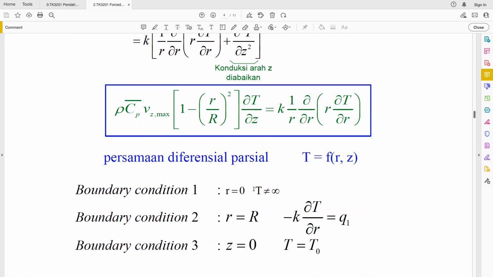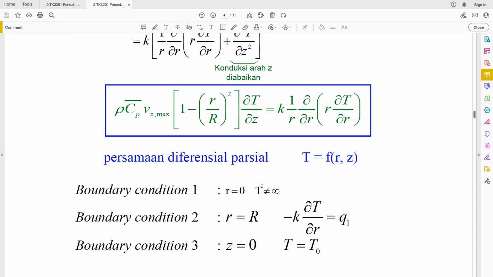The boundary condition is when R equals 0, on the center of the pipeline, or the center of the tube, or on the axis, the temperature is finite. That means your T would be finite, or T is not equal to infinity.